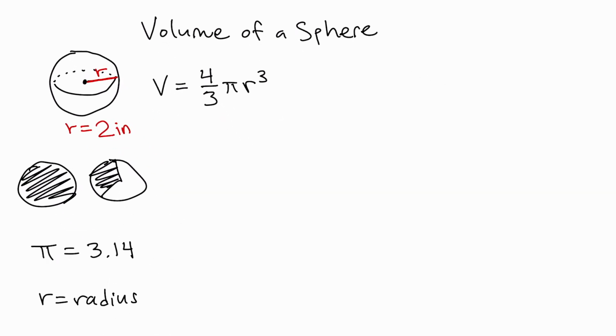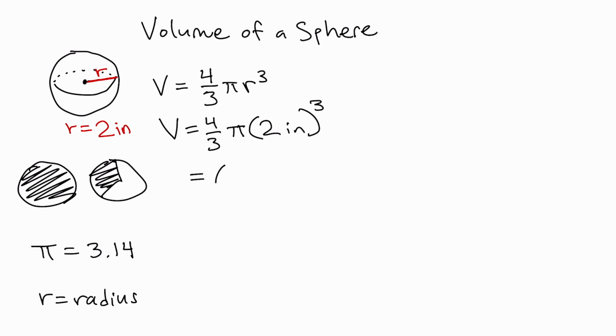Alright, so now we have everything we need to compute the volume. What I like to do is plug in r, which we know as 2 inches, and then I would pull out my handy dandy calculator and plug all these numbers in. Now, on a calculator, you have to be careful with parentheses.